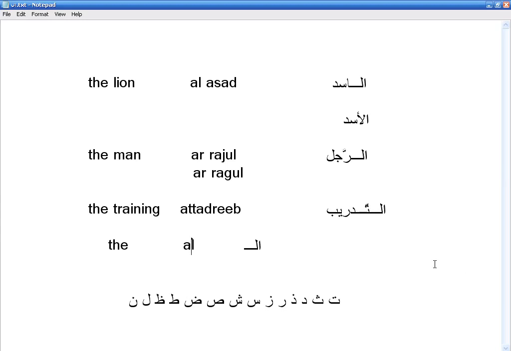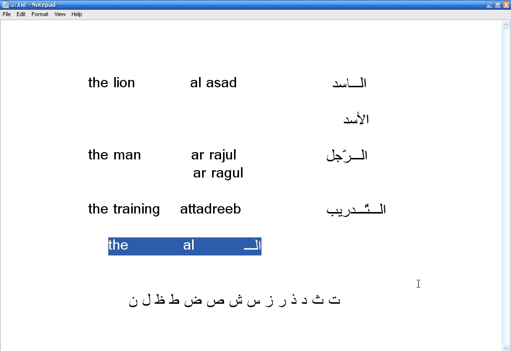And right here in front of us, what we can see is three examples, okay? And the tool or the article that we're going to talk about today. This letter is for defining the noun or for determining it, okay?